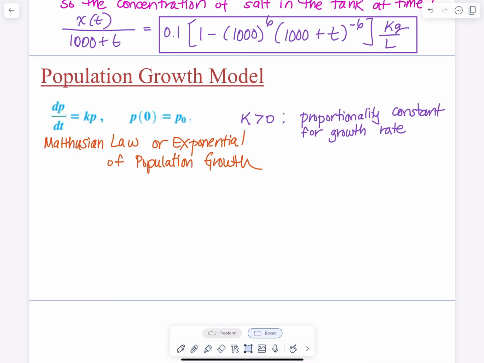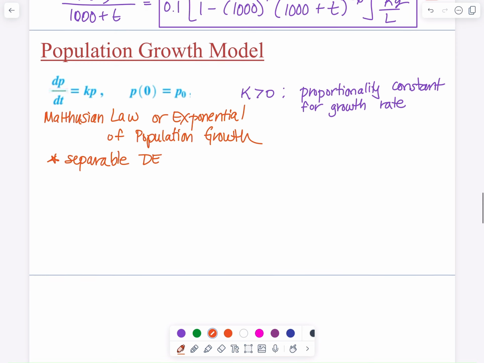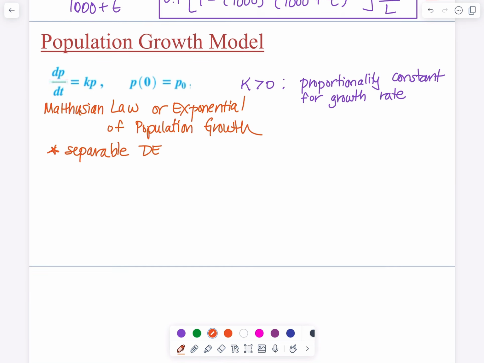Now this is a separable DE. So let's find the solution to this initial value problem. You see here we have the DE and the initial condition, so we have an IVP.